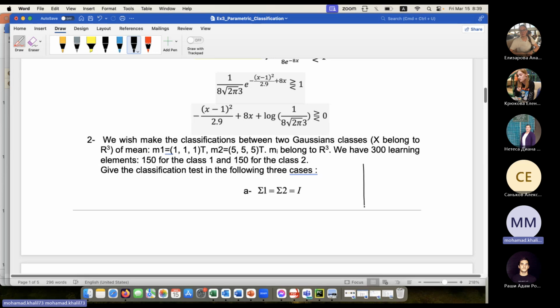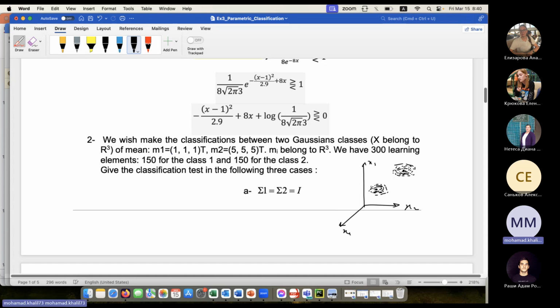I have in R3, that means I have X1, X2, and X3. This is (1, 1, 1), and this is (5, 5, 5). So around (1, 1, 1) I have Gaussian data, and around (5, 5, 5) I also have data.